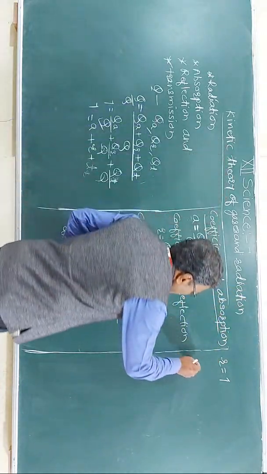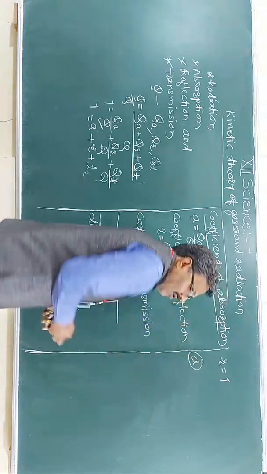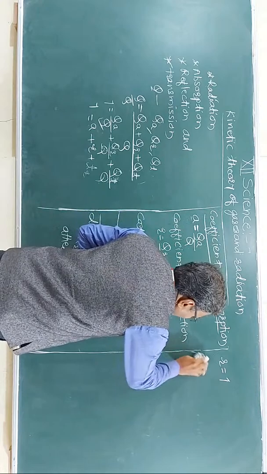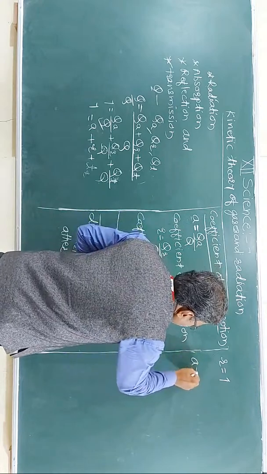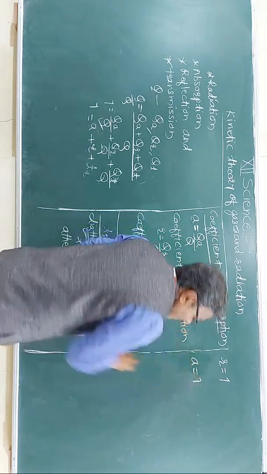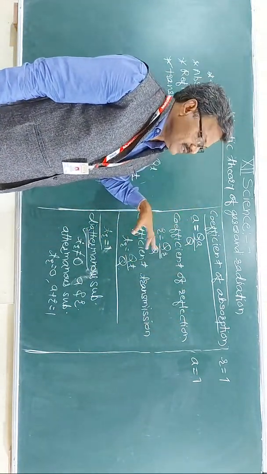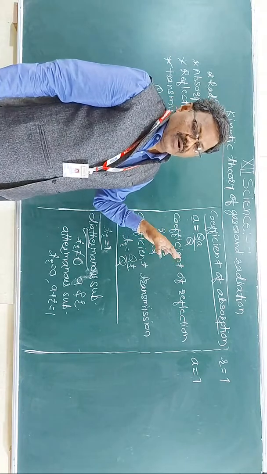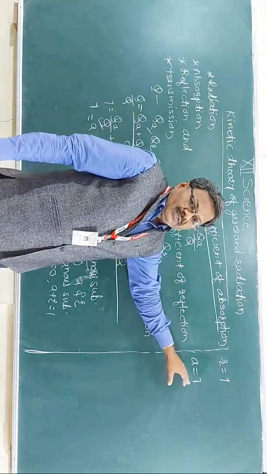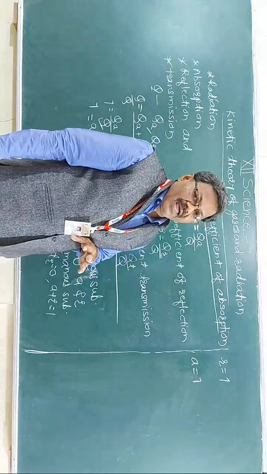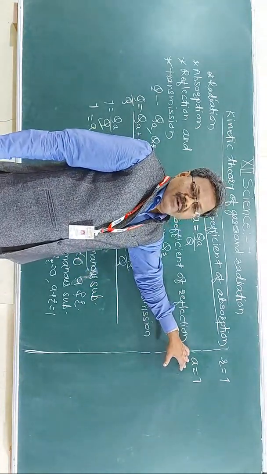And third, a body absorbs the maximum energy, the total energy. In this case, the coefficient of absorption is 1. Therefore, such a body is called a perfect black body.